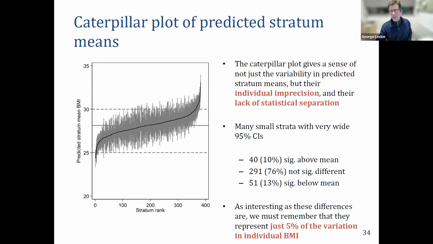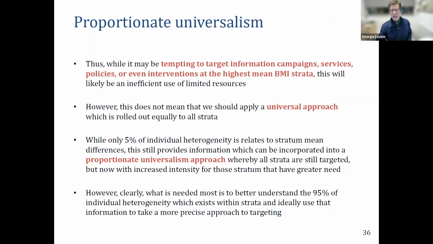But because of this massive overlap between distributions, the problem is that all the other strata also have many, many people who have high BMI and would benefit from that information campaign. And indeed, even in the top 5 strata, there's still lots of people who don't need the campaign because their BMIs aren't that high. It's just that the average is the highest.